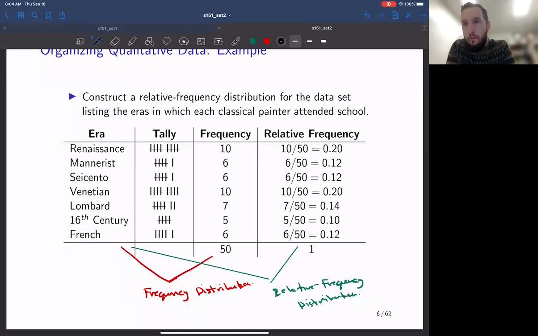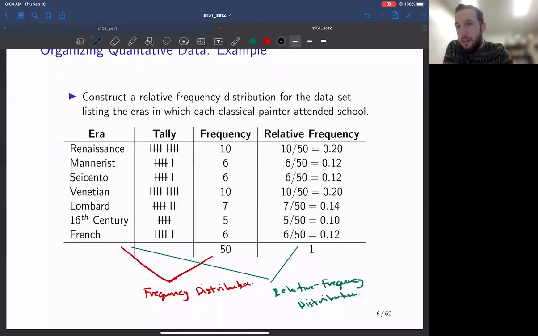Okay, so one of the questions that just came up in the chat is, what is ordinal versus non-ordinal qualitative data? Ordinal data is one that would have an inherent order to it. So an ordinal qualitative data set would be one where the categories also fall in line relative to one another.